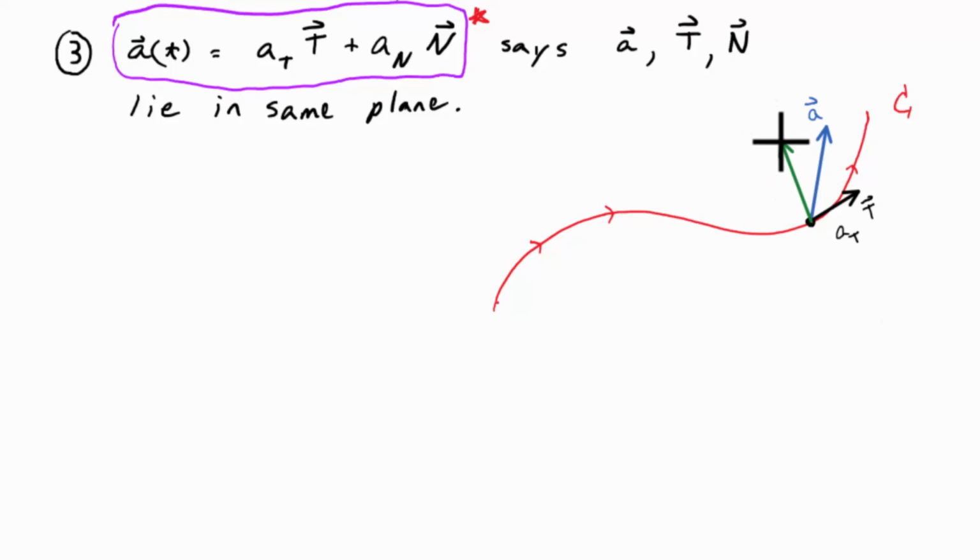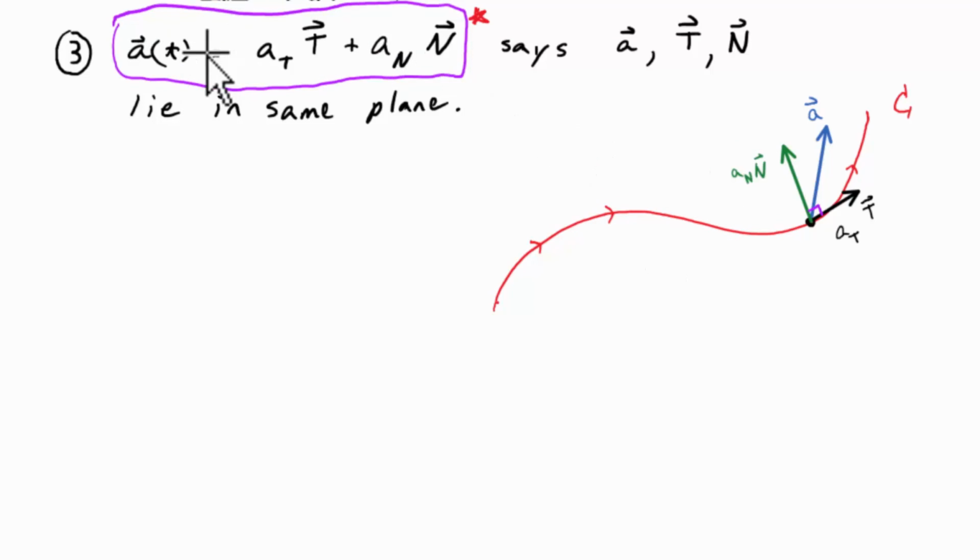The principal unit normal vector, it's going to be that one. So that this guy is a right angle right here. And so that guy in green is N. Well, okay, it's not quite N, sorry, it's a sub n times N, which is a scalar multiple of N, right?